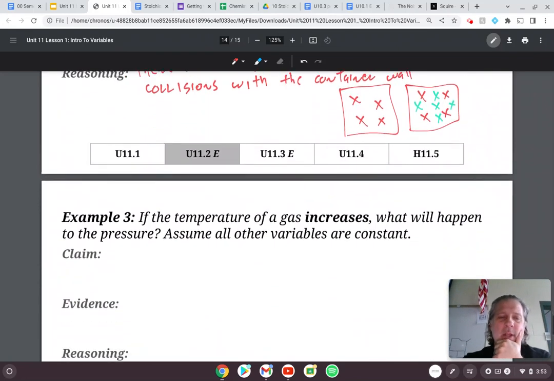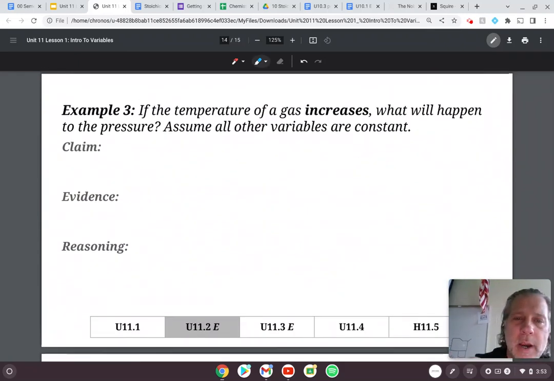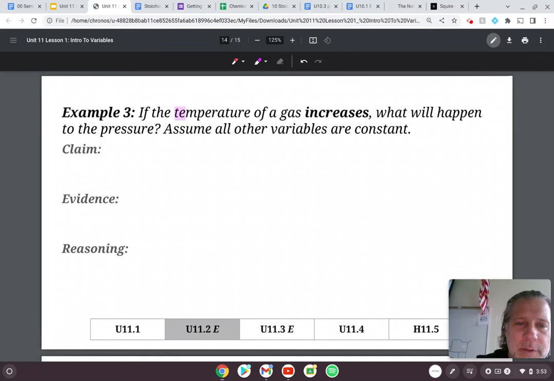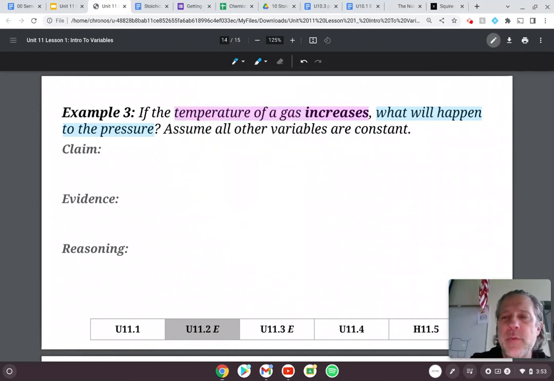All right, next one. If the temperature of the gas increases, what will happen to the pressure? Now we're talking about temperature, but we're still looking at pressure here. One of the things that we know about temperature is that if we increase the temperature, the particles are going to move around faster.